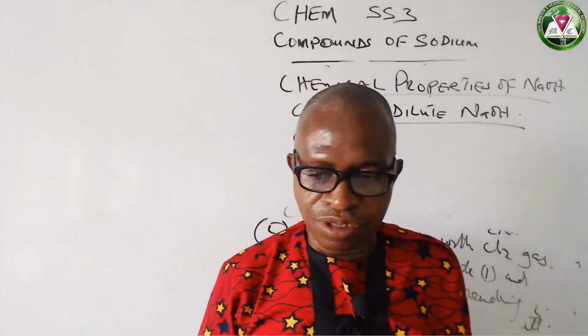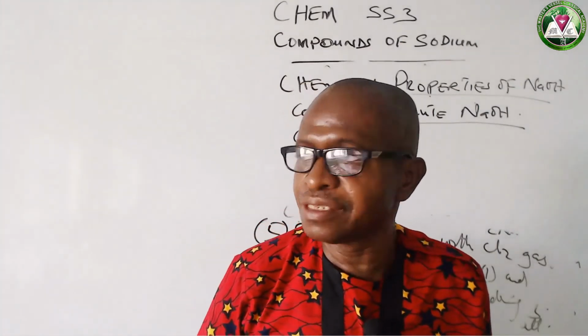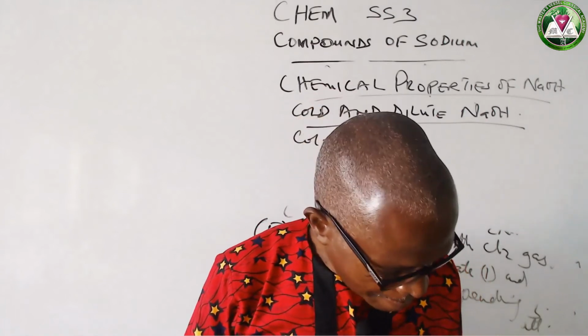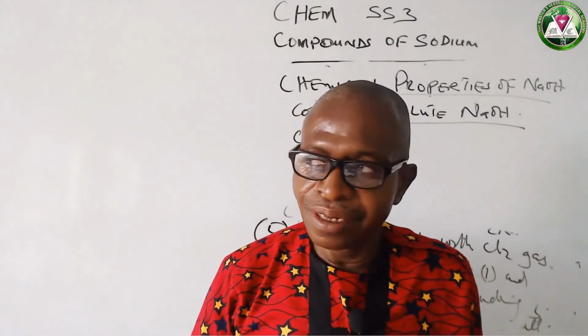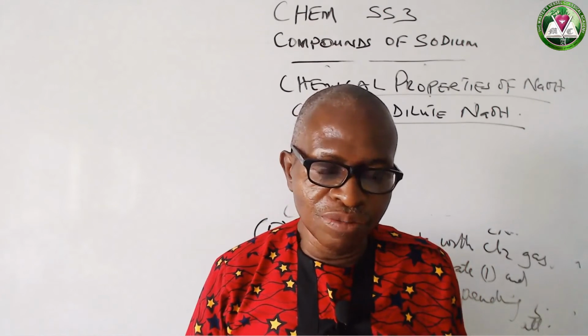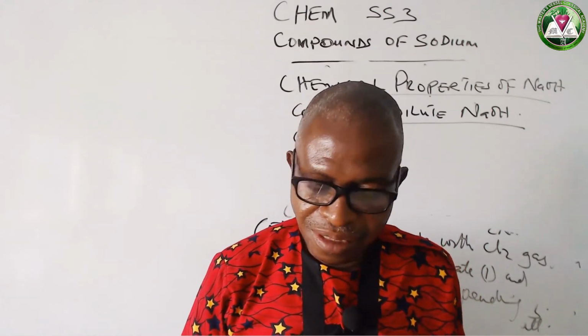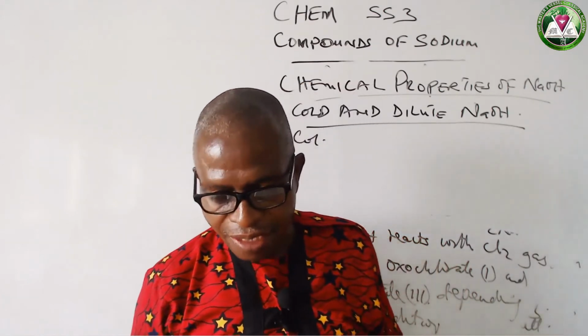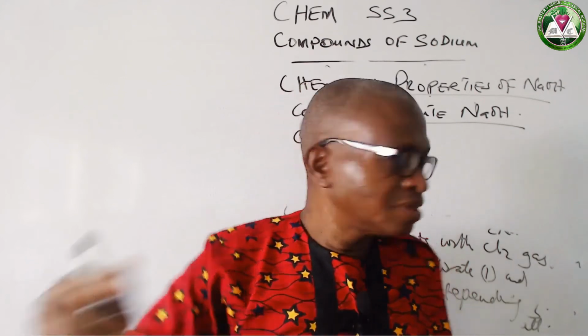Cold and dilute sodium hydroxide reacts with chlorine gas to give you sodium oxochlorate(I) and sodium chloride.